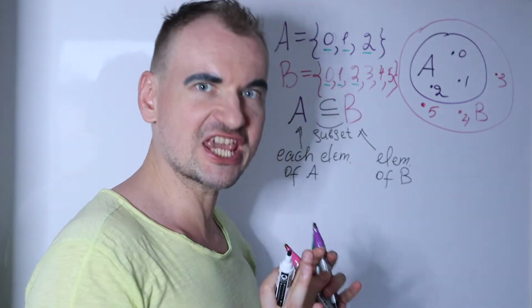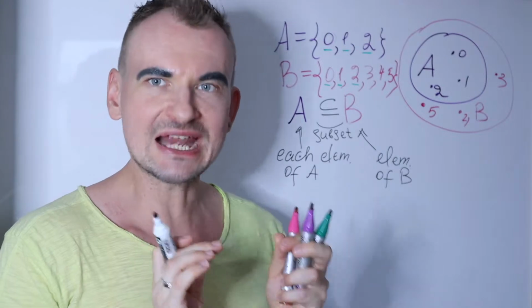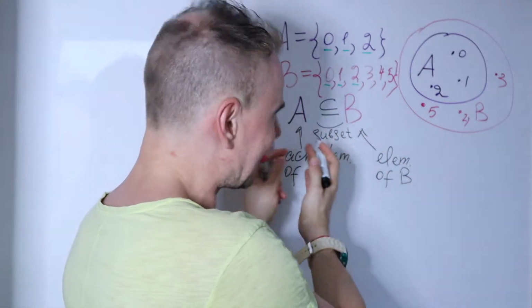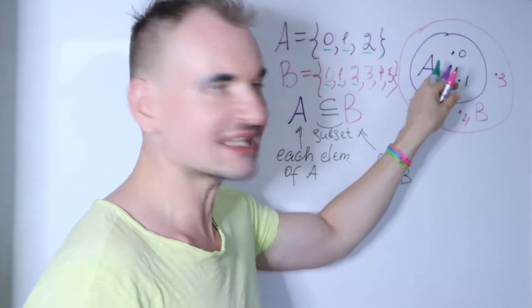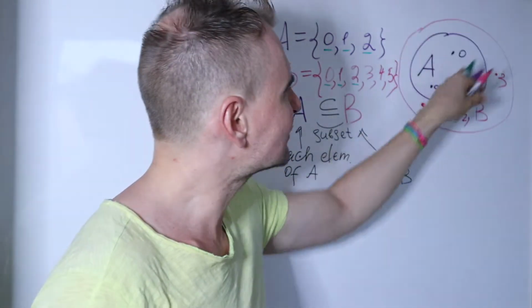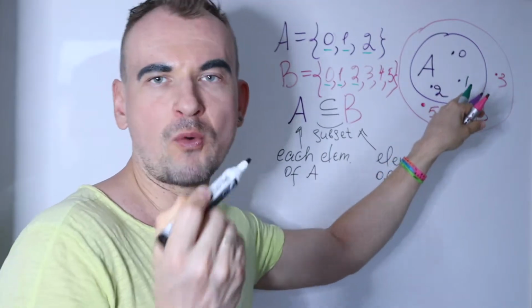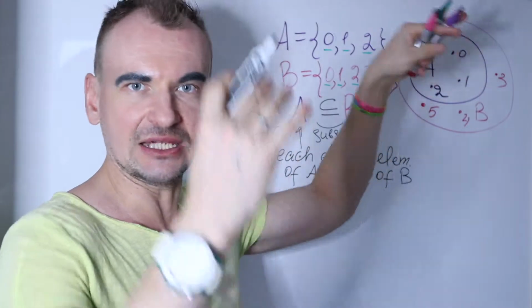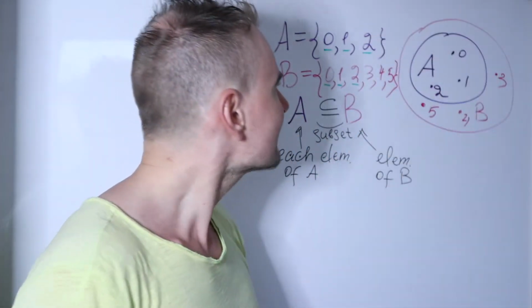When it comes to a graphical representation of a set and a subset, your subset is going to be a circle, or any oval, any closed shape, inside of a larger one.